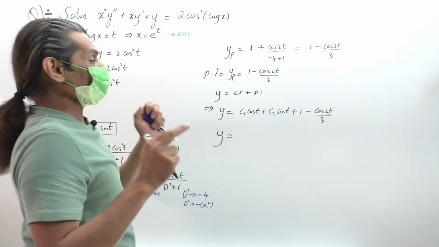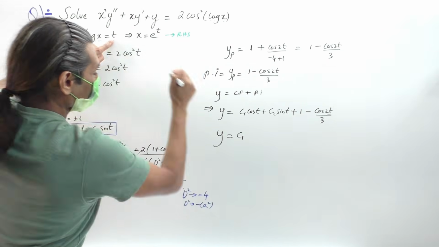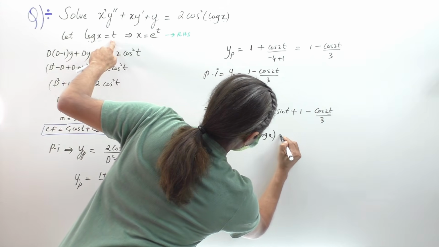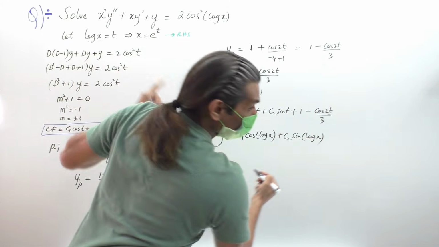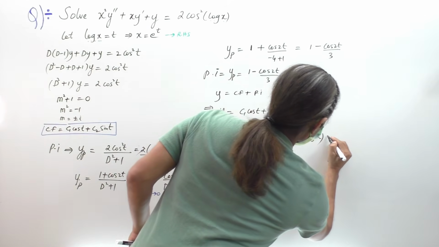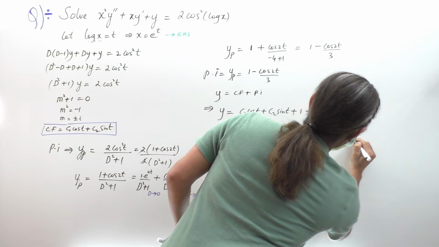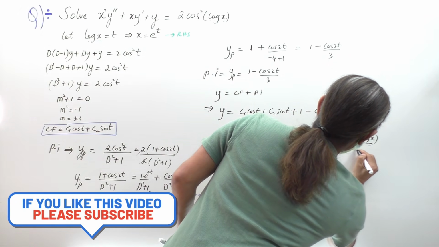That's why we choose appropriately. C1 as it is. See, what is t? Log x. So C1 cos of log x plus C2 sin of log x plus 1 minus cos 2t, where t is log x, cos of 2 log x, whole divided by 3.